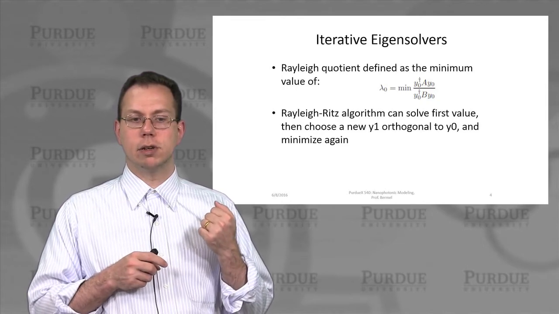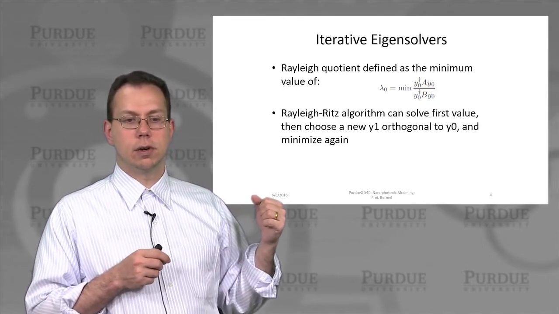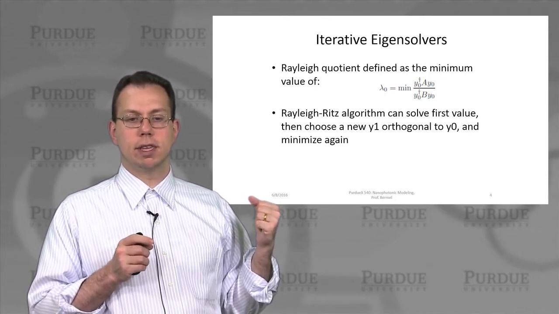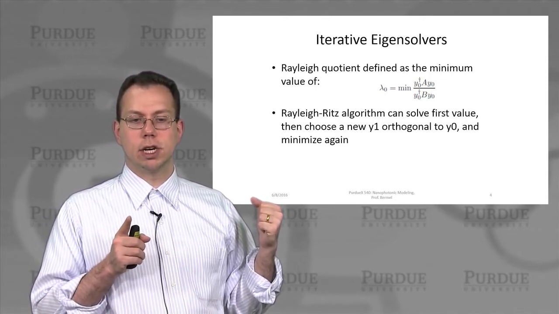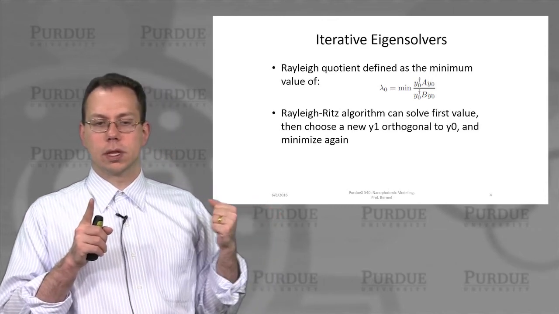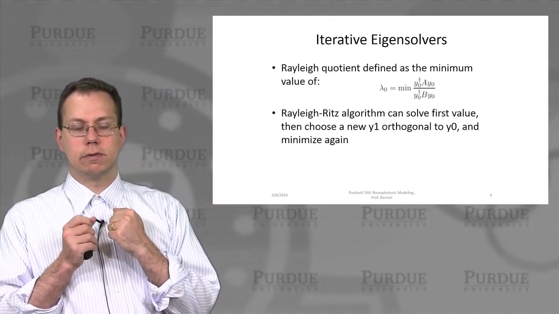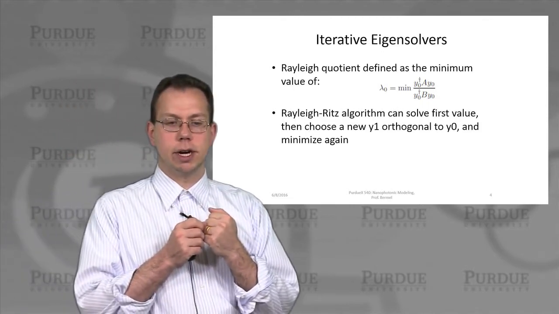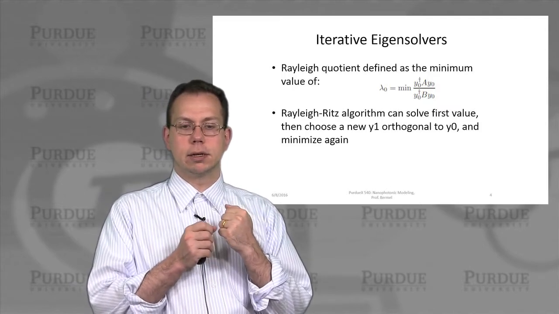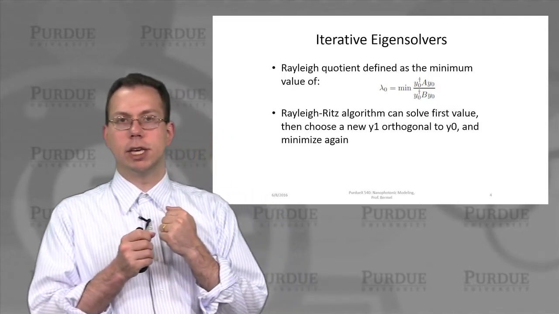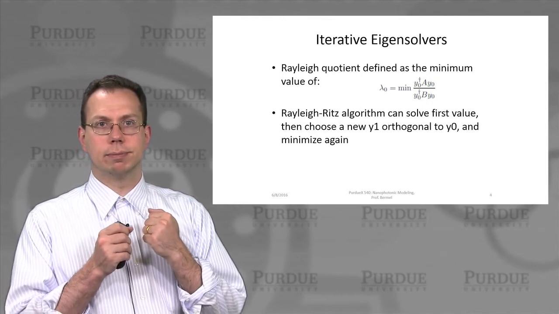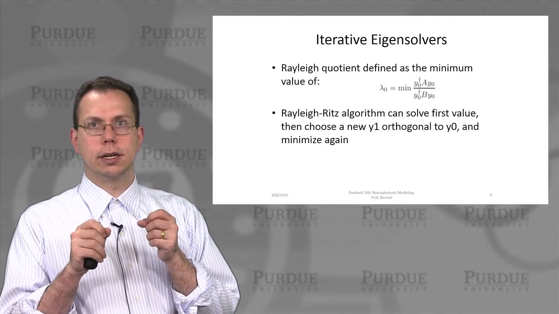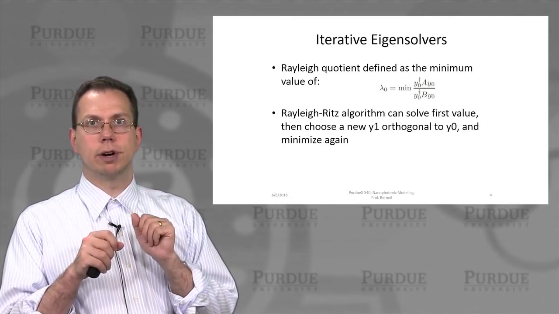It amounts to writing down an energy, or lambda naught in general, which would be the minimum of the ratio of taking the outer product of y naught, some sort of trial function, with your A operator, divided by the outer product of y naught with the B operator, which goes into the eigenproblem. Recall that there was this extra auxiliary matrix in the eigenproblem as we had formulated it.